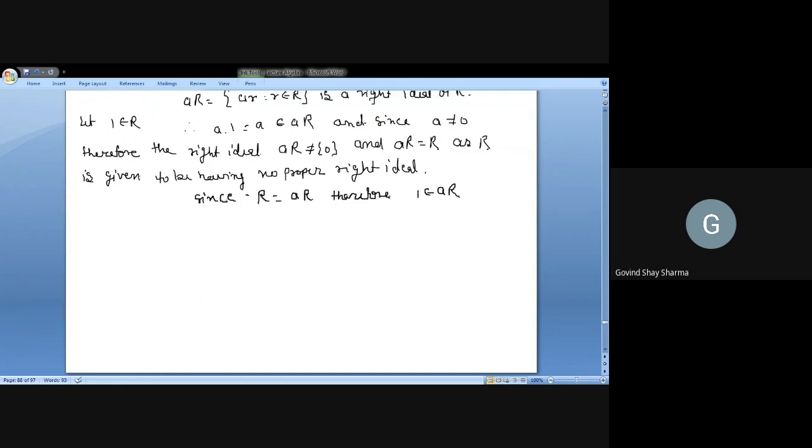Since R is equal to aR, therefore 1 belongs to aR, so 1 is equal to ab for some b belonging to R. So b is the multiplicative inverse of a. Actually, a belongs to R, aR, then there is an element b such that ab always gives us 1, and 1 is the multiplicative identity.